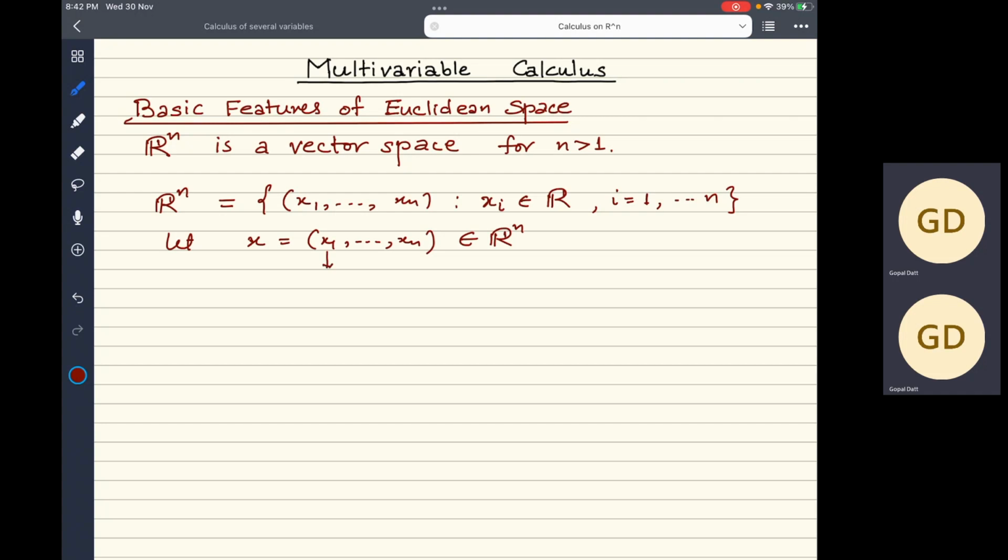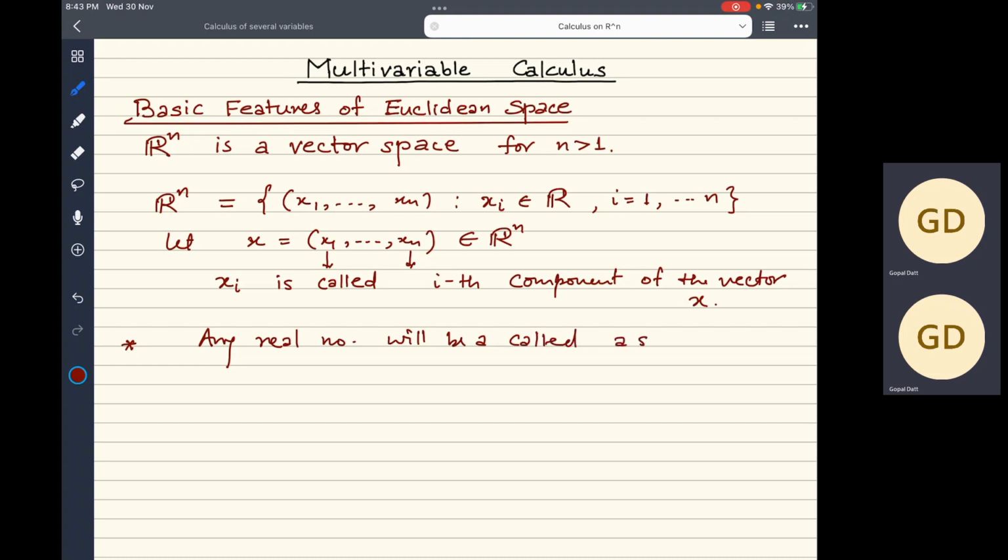These components, xi, is called the ith component of the vector x. These components are in fact scalars. We will call any real number a scalar.